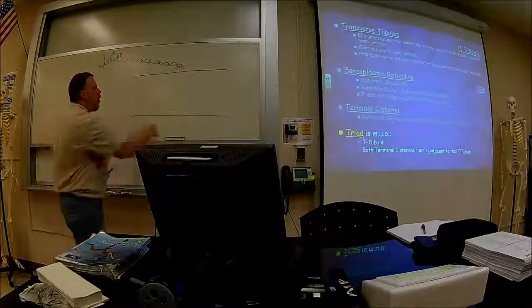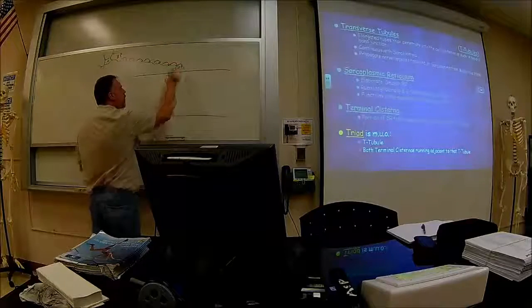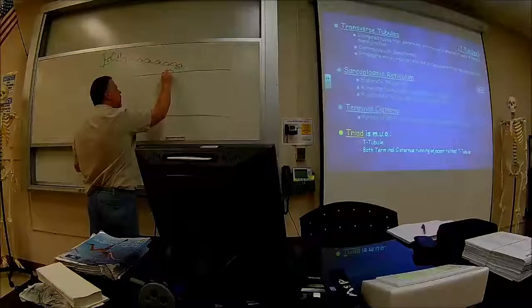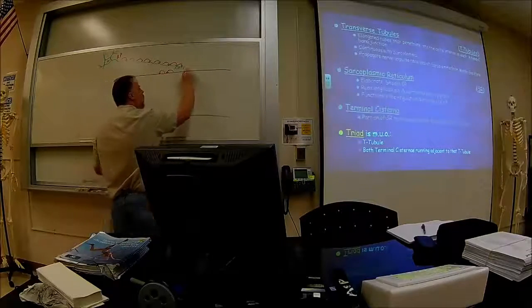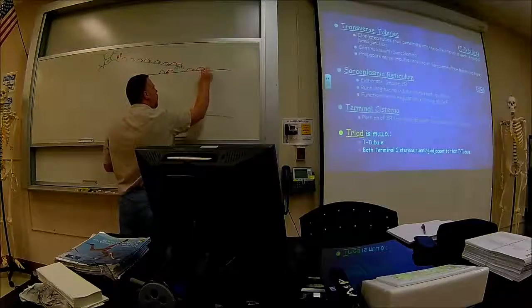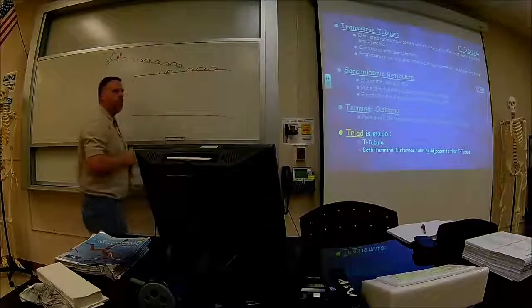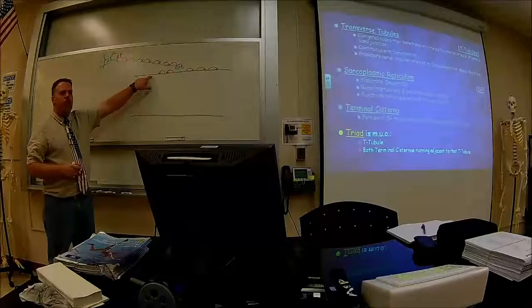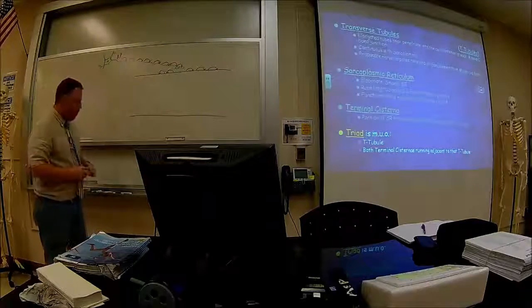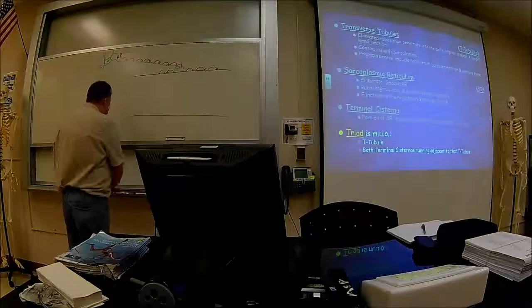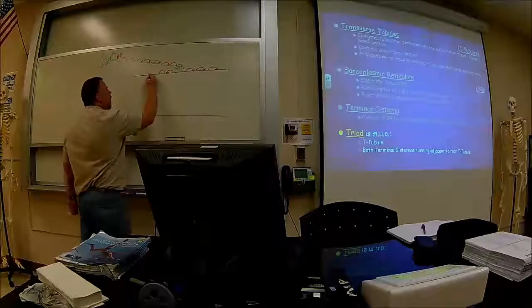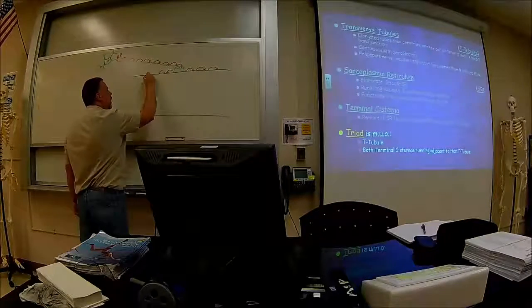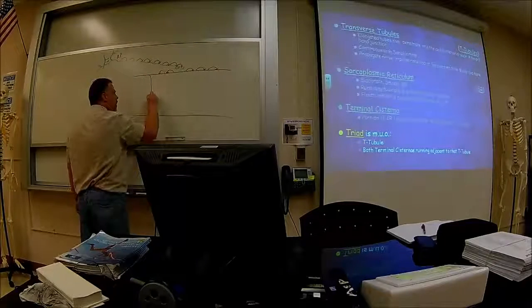But when it goes across there, it's going to send its action potential onto the sarcolemma, the cell membrane of the cell. The cell membrane, so this is the sarcolemma, and it goes in.